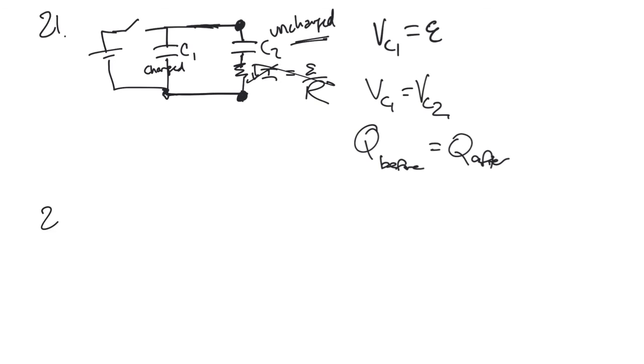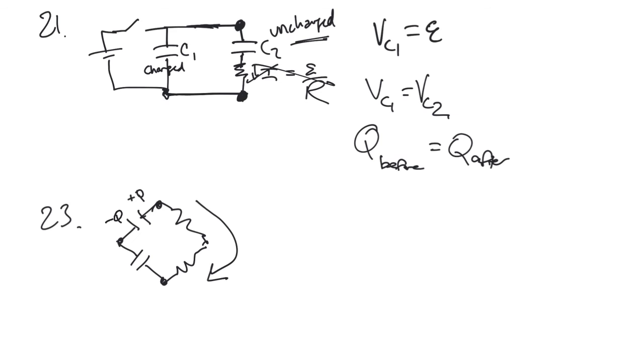And finally, 23. It's kind of like a weird Wheatstone bridge. But the trick is to recognize that you have the same current going through your resistors, and the same charge on your capacitors because they're in series.